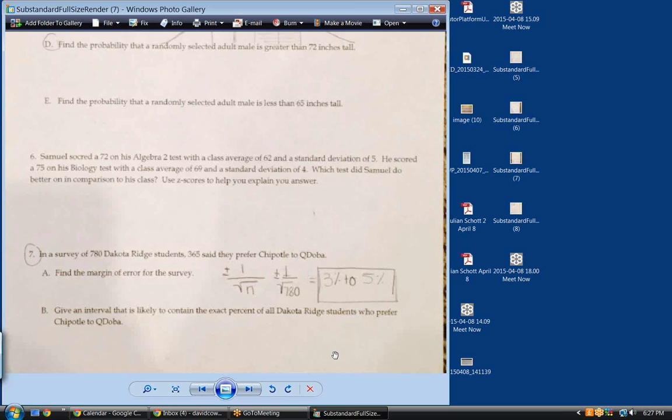Oh, that's not even 3%, that's closer to 3 than 5. What's the reciprocal of that number? 1 divided by that? 0.035. So isn't that the margin of error, plus or minus 0.035, or plus or minus 3.5%?